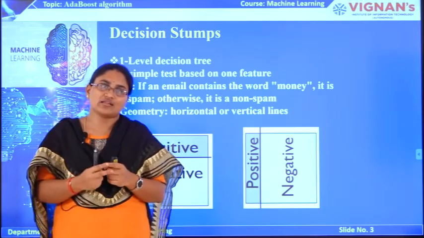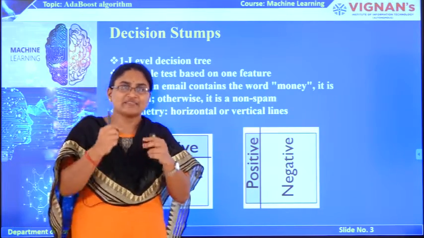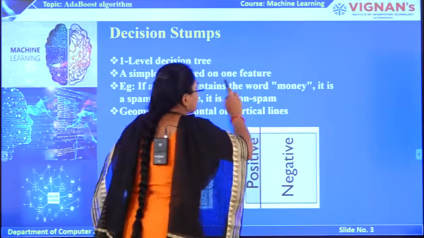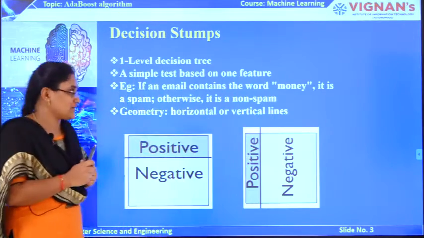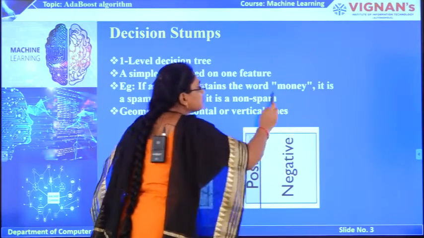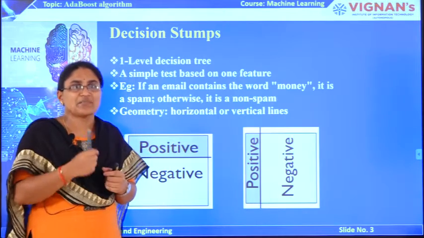That's why it is called a one level decision tree. As it is a one level decision tree, it makes predictions based on one input feature. For example, if I am getting an email that contains only the word money, based on that word money, I will decide whether my received mail is spam or not.